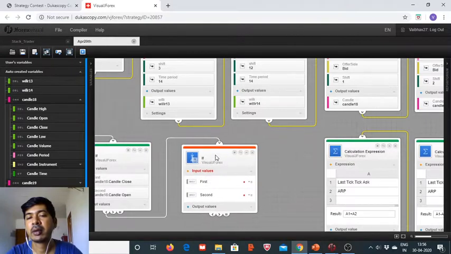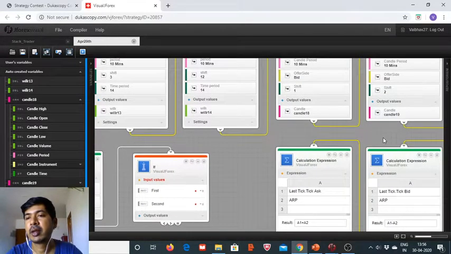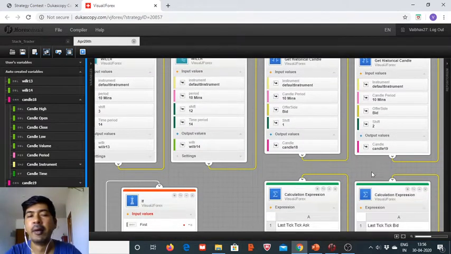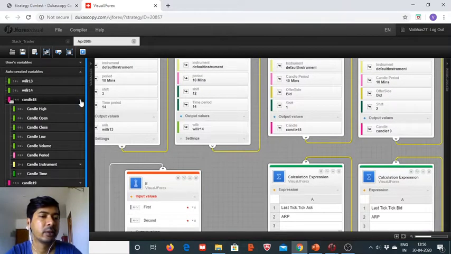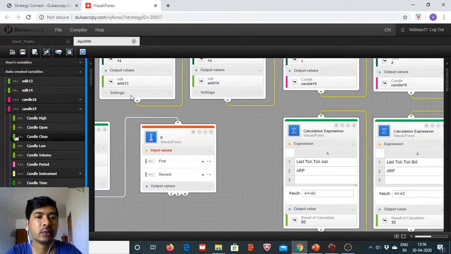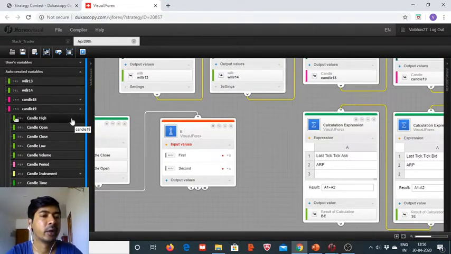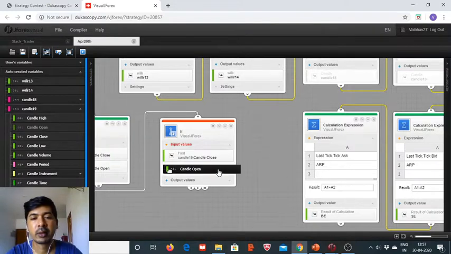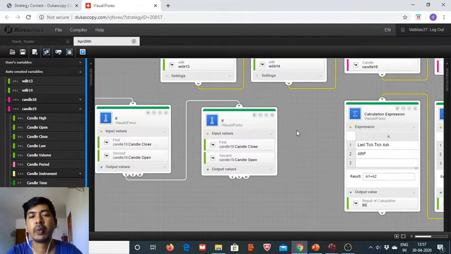And then we look at the candle 19's opening and closing levels. And here also the candle 19's close should be greater than the candle open.